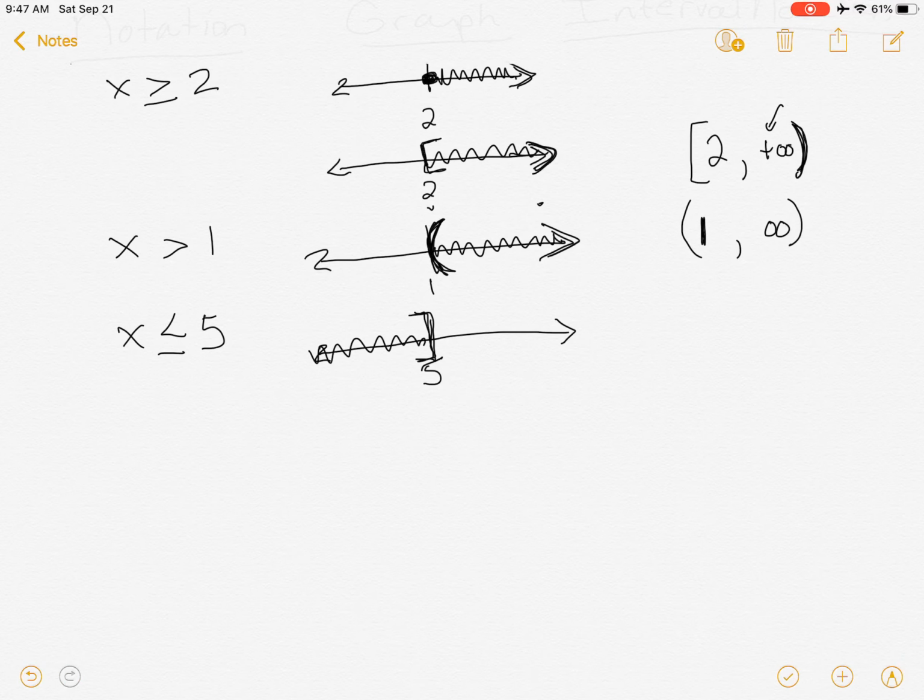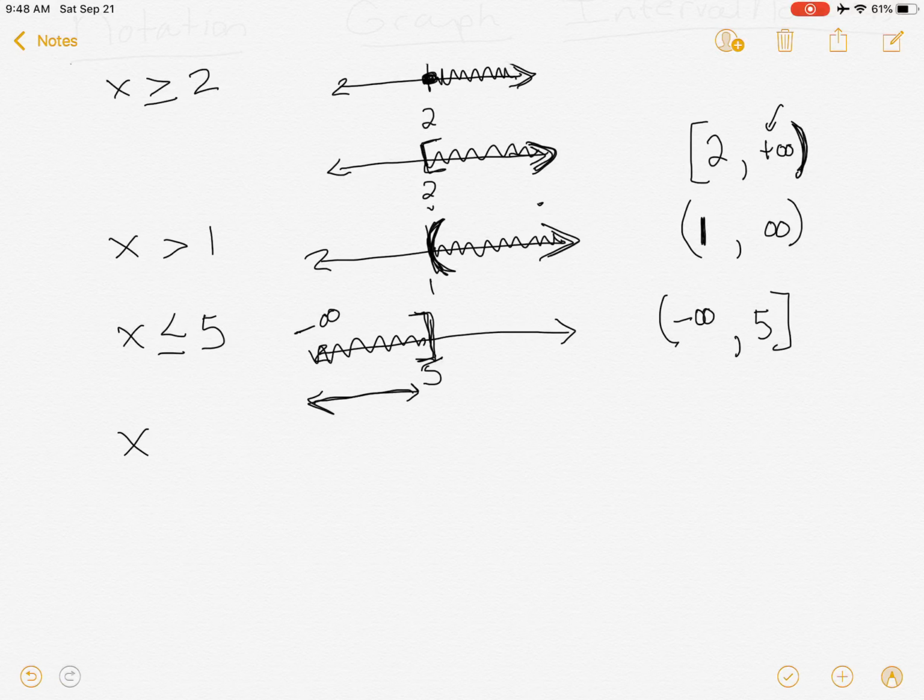Now, thinking about this graph starting from left to right, this time I'm not going to start at 5, it actually ends at 5, and 5 would have a bracket. Okay, now numbers that are less than 5 are going to start to turn negative, and they're going to get really big negative. So over here, I would have negative infinity. So it actually starts at negative infinity, and infinity always gets a parenthesis.